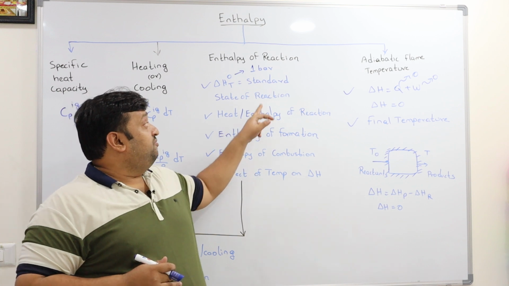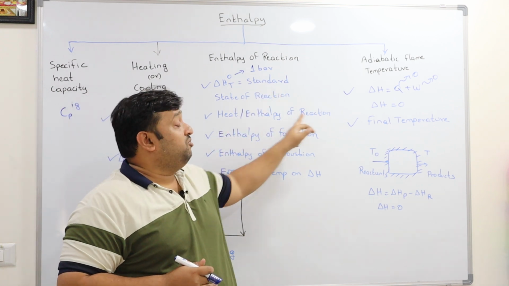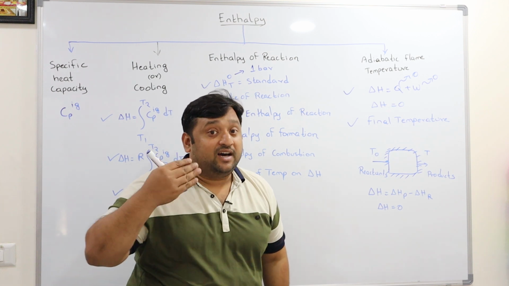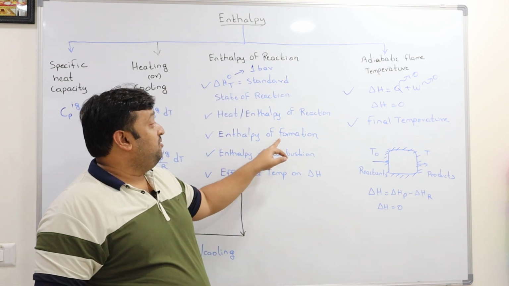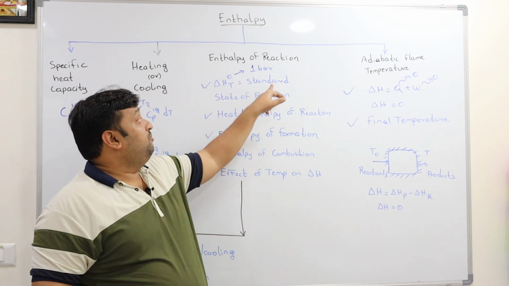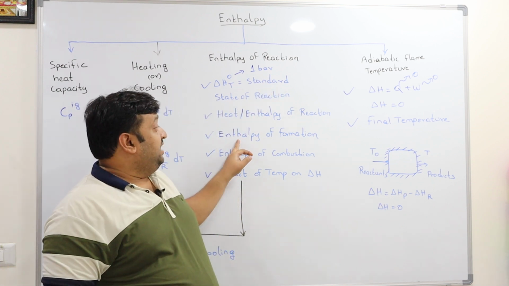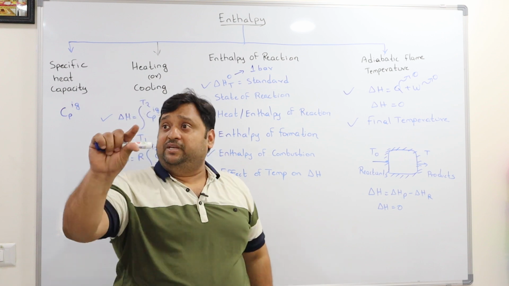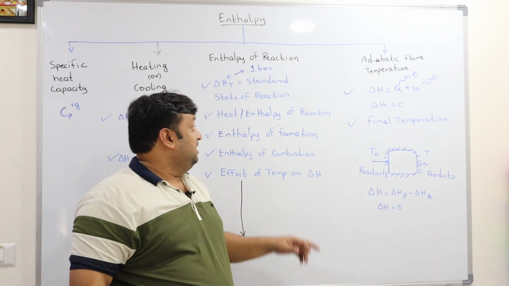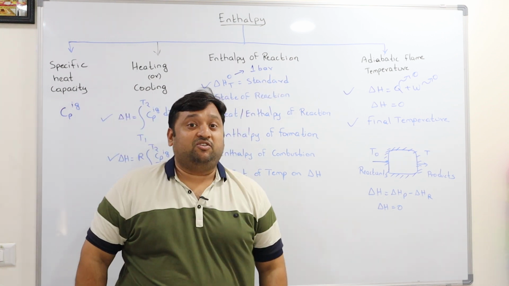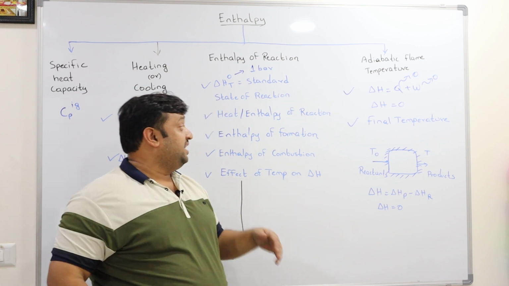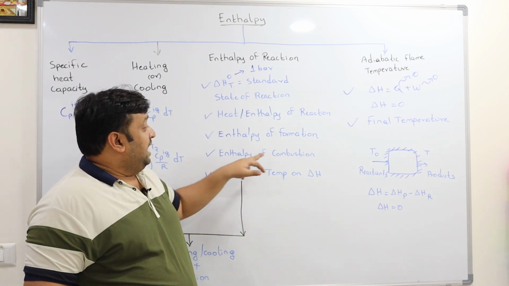That means to find out the standard enthalpy, you don't need to conduct a reaction. There is another way: if you know the enthalpy of formation of every species involved in the reaction, then without conducting a reaction you can estimate the standard state of reaction. Second way, enthalpy of combustion.